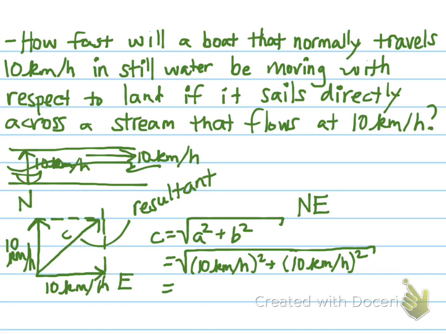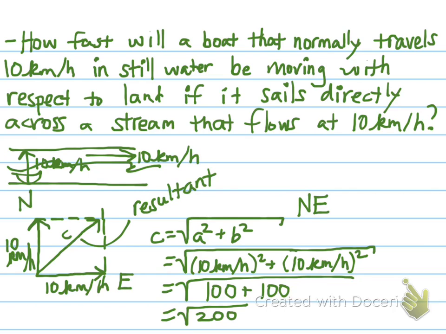So that's the square root of 100 plus 100. So I'm doing the square root of 200, which is equal to 14.14 kilometers per hour. So that stream increases the speed at which that boat crosses the stream.